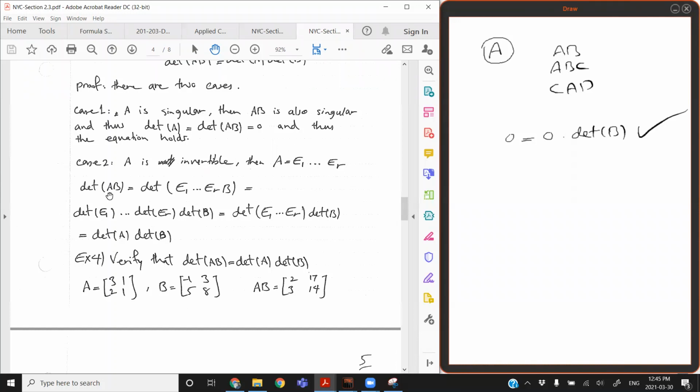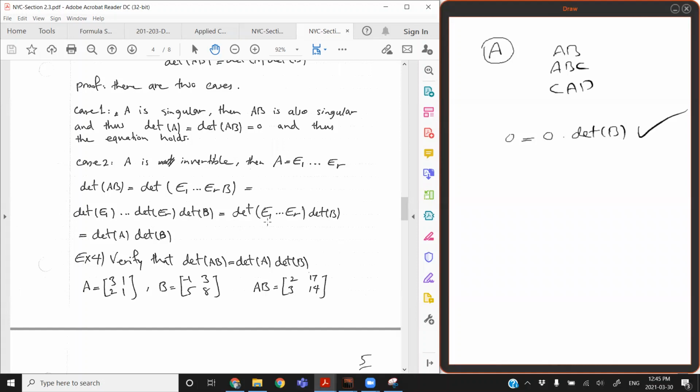So I can write the determinant of AB as the determinant of this product here, because A can be replaced with a product of elementary matrices. We just learned that for elementary matrices, I can break the determinant into the determinant of E1 times the determinant of E2 all the way to the determinant of ER times the determinant of B. However, this part here, I can bring back to the form E1 to ER.